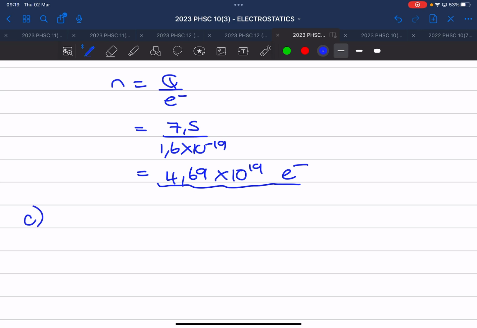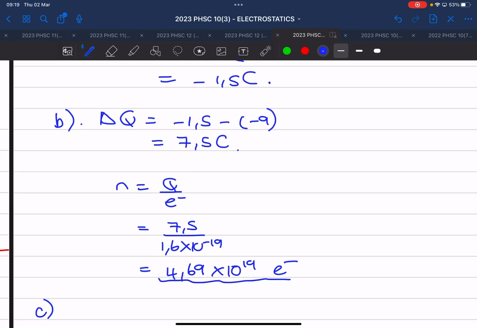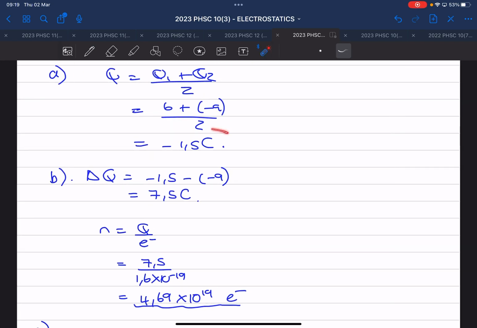Right. Question C. They ask what is the number of excess electrons on each charge after they've made contact. Now after they've made contact, the new charge is 1.5 coulomb.